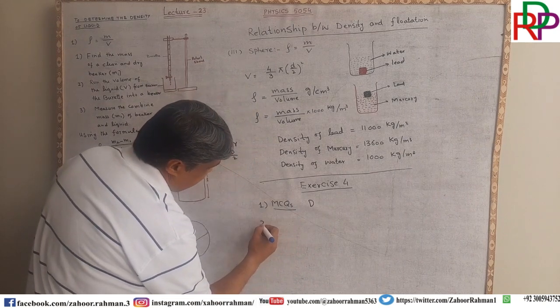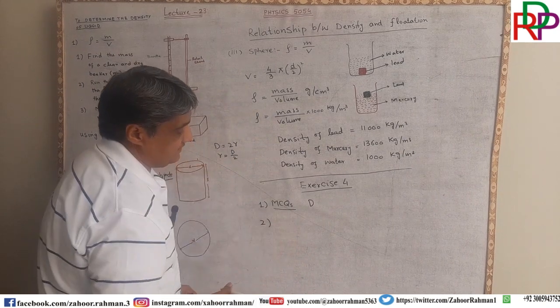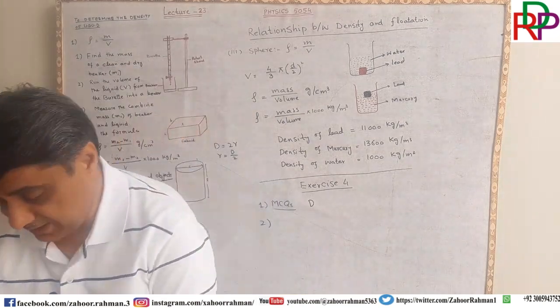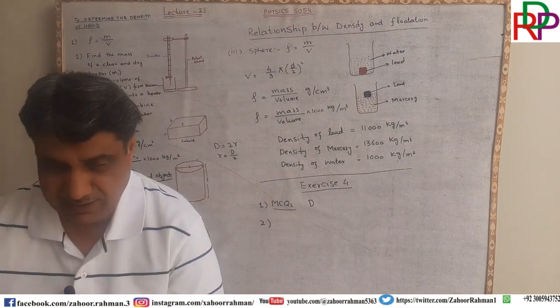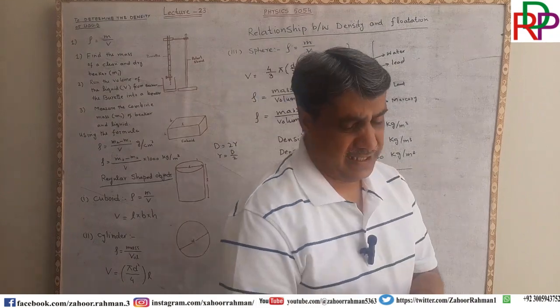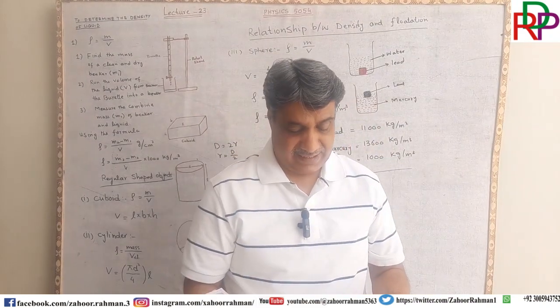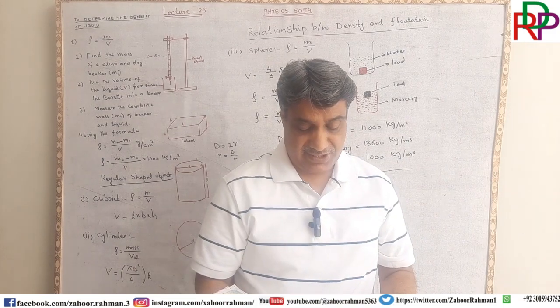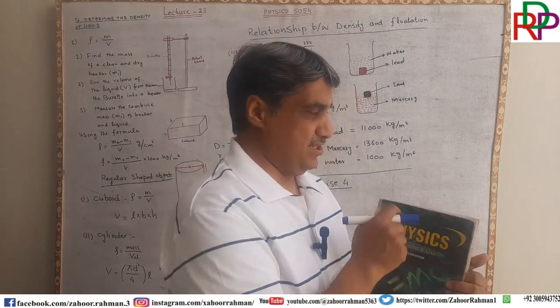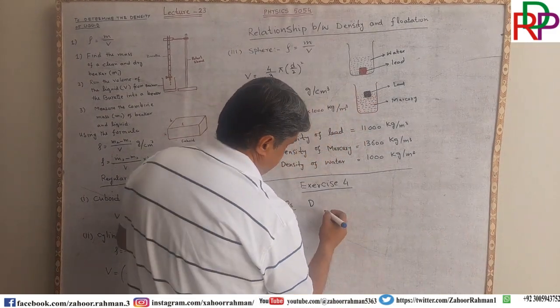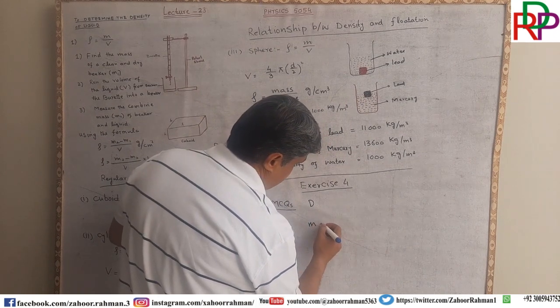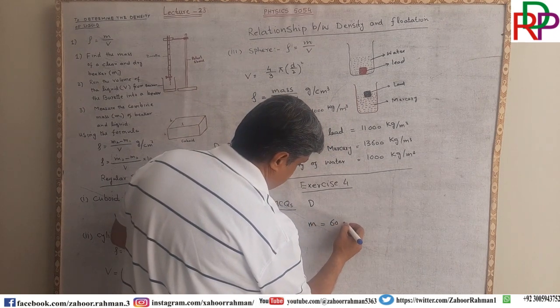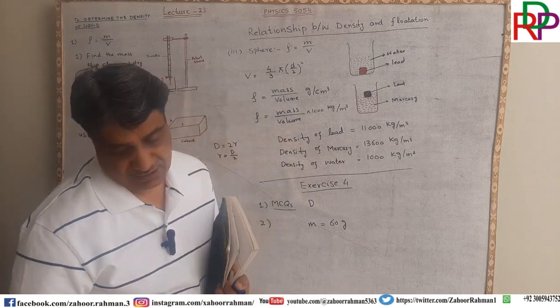The second MCQ is a numerical type of scenario. So listen and understand. The mass of an empty measuring cylinder is 60 gram. So M is equal to 60 gram.